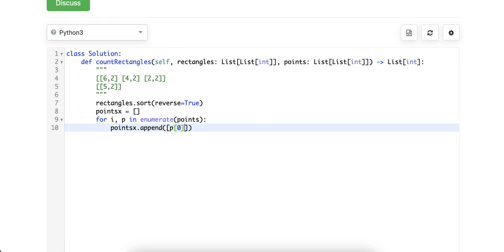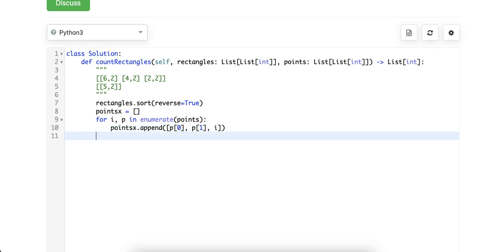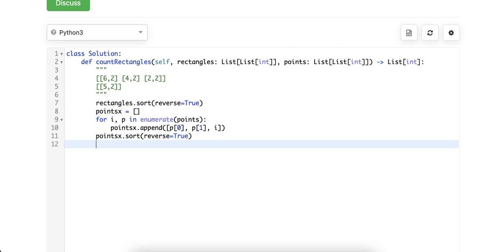So P0, P1, that's action 1, and the index itself. Okay. Then we're going to use this and sort it.